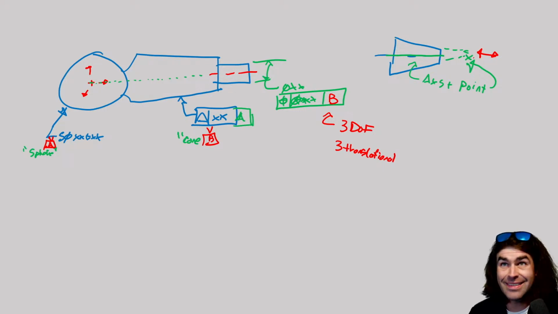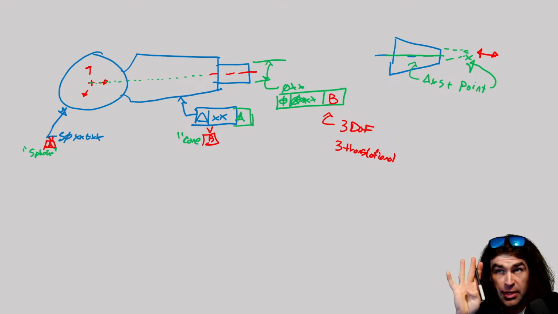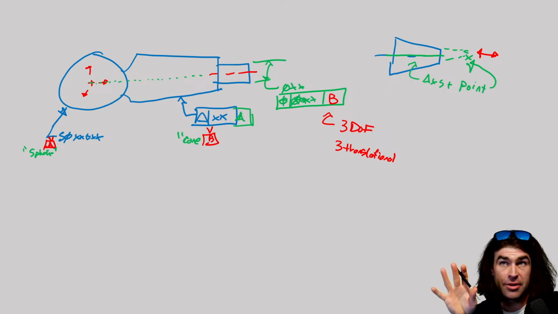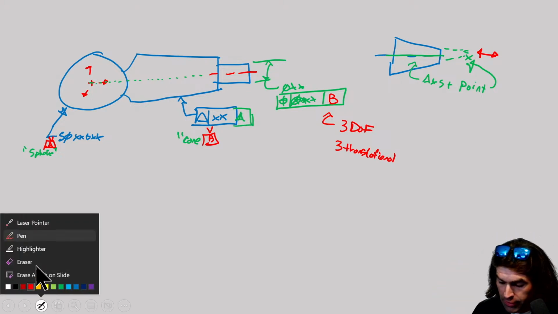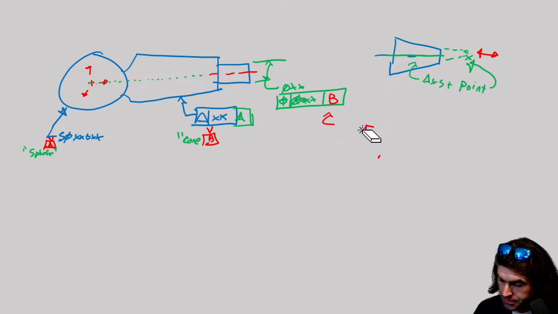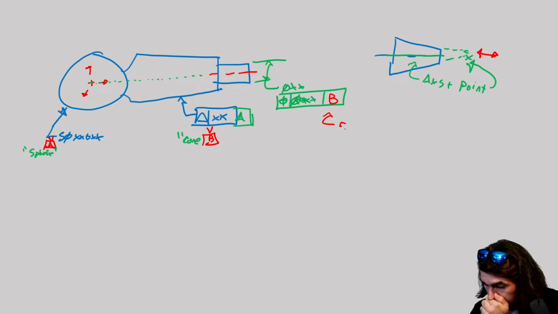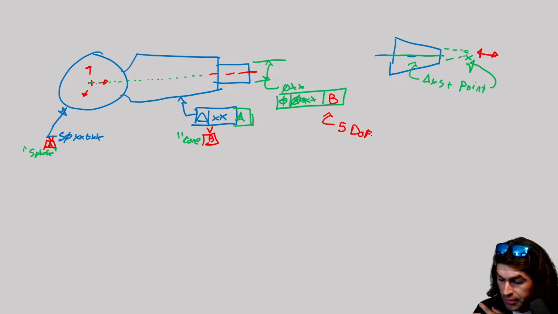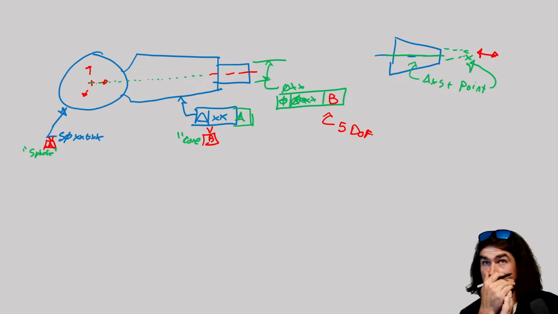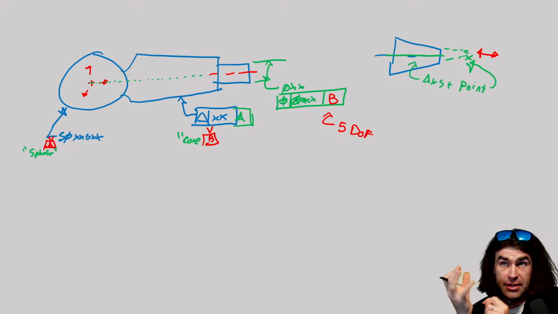The axis is going to take away 4 degrees of freedom, just like a cylinder. So when we use a cone, we're going to take away 5 degrees of freedom. The only thing that's left is rotation.